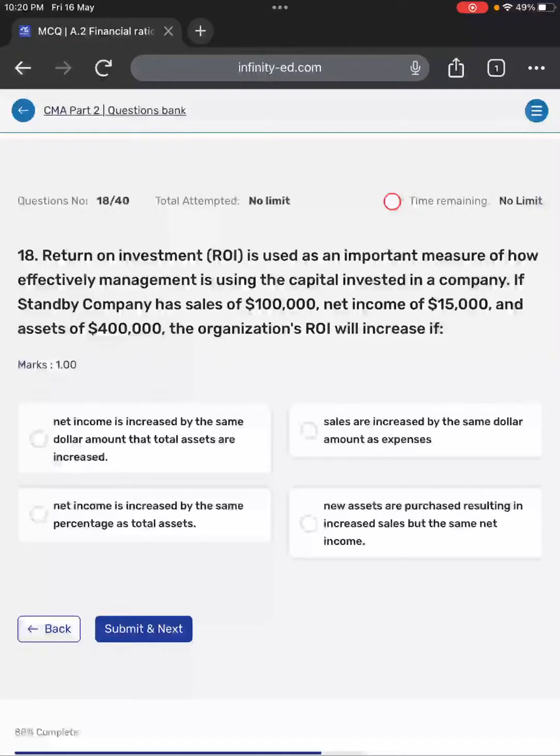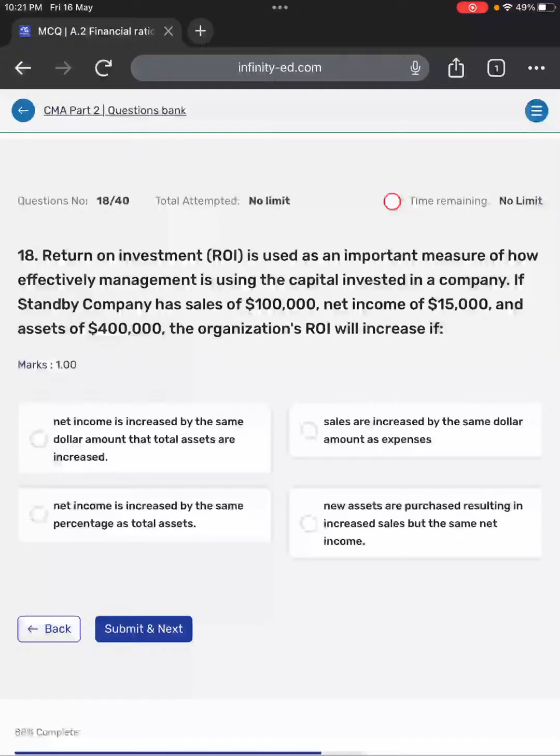Total sales is 100,000, net income is 15,000, and total assets 400,000. Return on investment will be 3.75%.